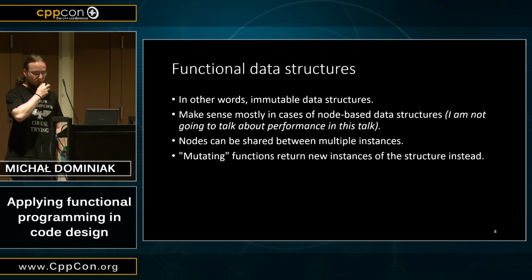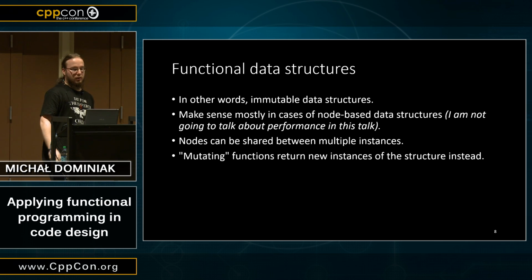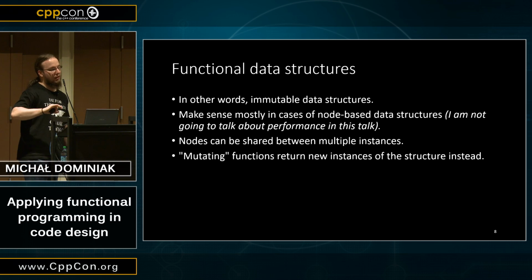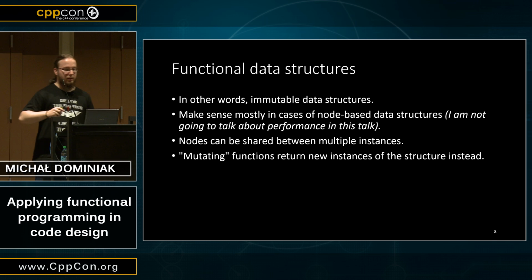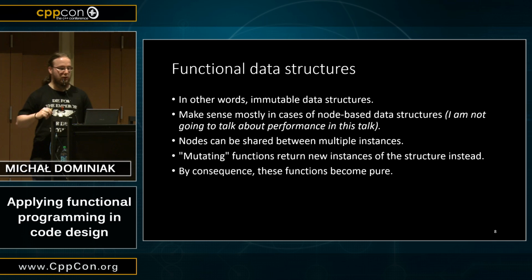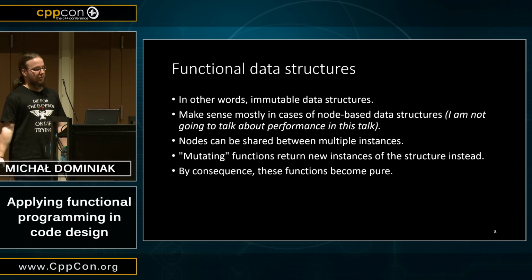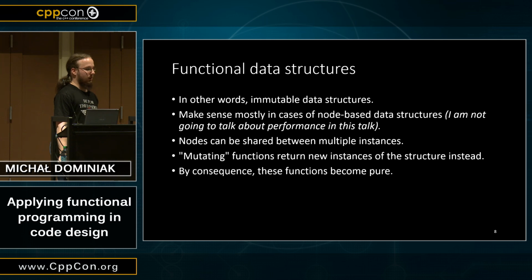And the functions that change something about the data structure don't really make a change in it. Instead, we return a new instance of the data structure, and as a consequence, those functions are pure.